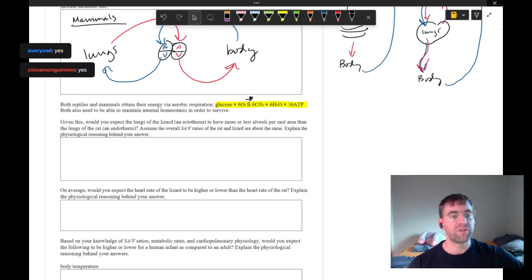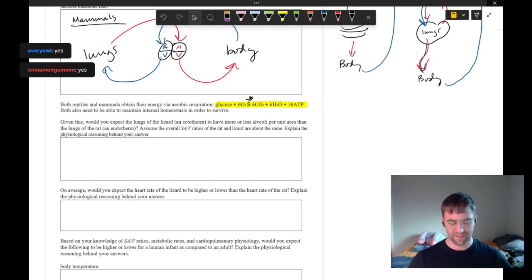Given this, would you expect the lungs of the lizard, an ectotherm, to have more or less alveoli per unit area than the lungs of the rat, an endotherm? Assume the overall surface area per volume ratios of the rat and lizard are about the same, and explain the physiological reasoning behind your answer.